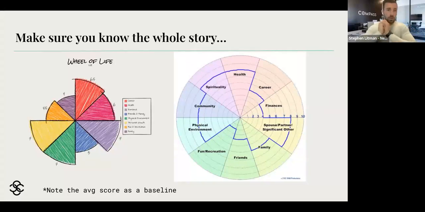Because that's ultimately what they're telling you. They're telling you that my baseline is 6, and in these areas, right? So for this particular one on the left, in personal growth and my physical environment, I'm doing better than expected, right? But in areas such as fun or romance, I'm doing worse than I thought I should be doing, right? And so that's how you want to read this.